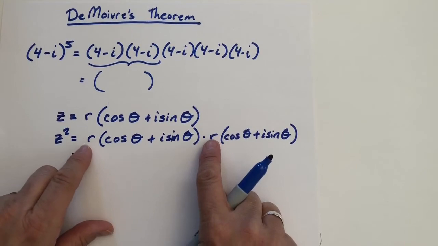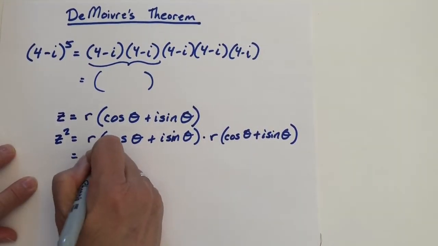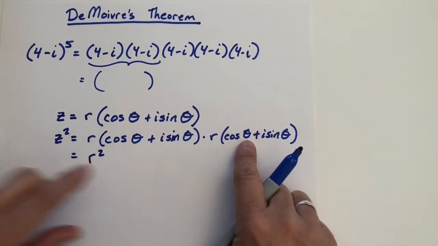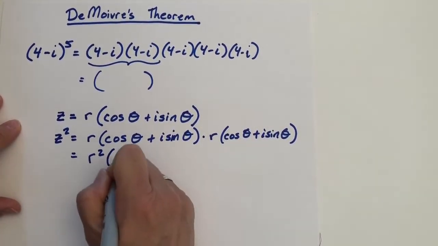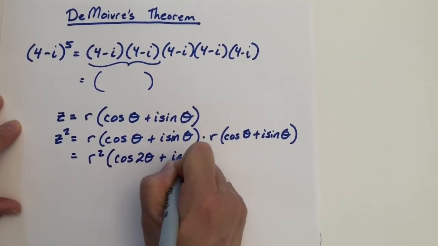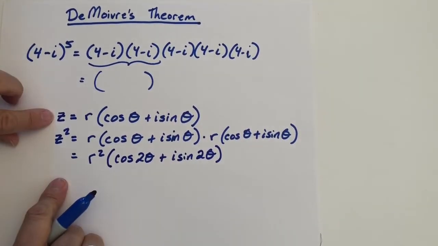We multiply the magnitudes together, so r times r is r squared, and we add the angles. Theta plus theta is 2 theta, so we would have cosine 2 theta plus i sine 2 theta. And we have just raised this complex number to the 2nd power.